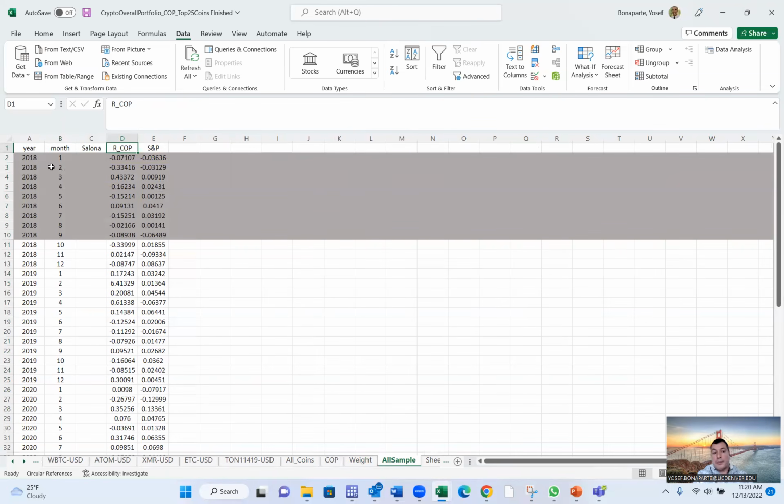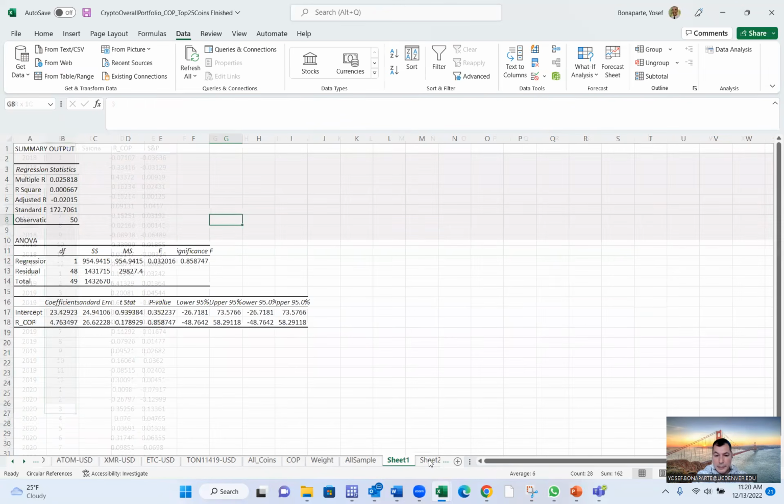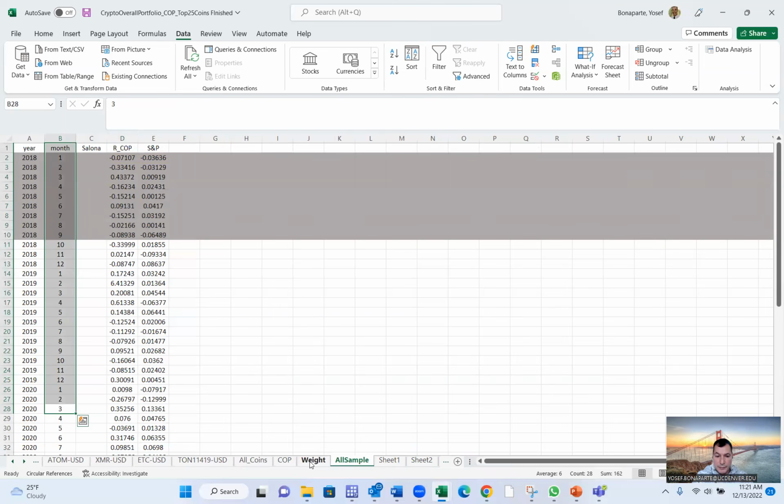So your homework is to pick a coin other than Solana and pick that data. If the coin, for example, starts in April 2020, then you don't need all of those. Delete those, and then do the sample based on the data that you have.